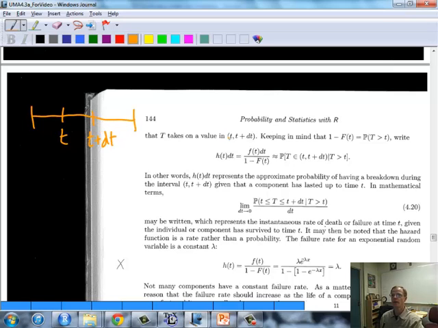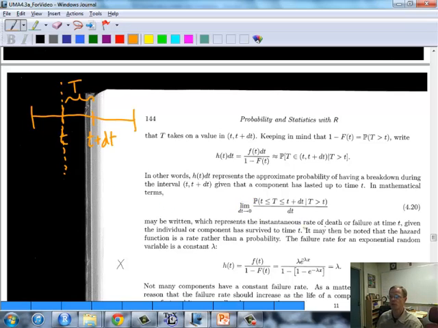Then we can think of h of t dt as f of t over 1 minus big F of t, dt, being approximately the probability that our event t occurs in that small interval, given that it occurs past time t. So it's like an instantaneous rate of occurrence. You could think of it like that.